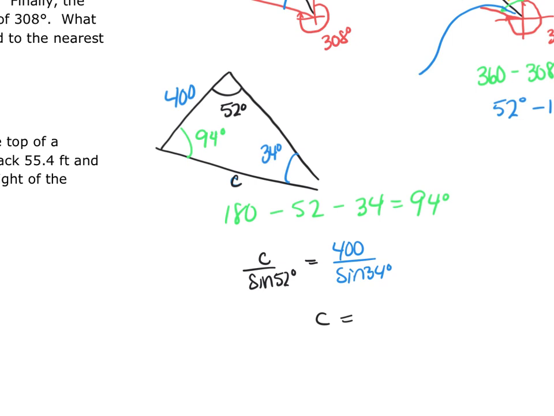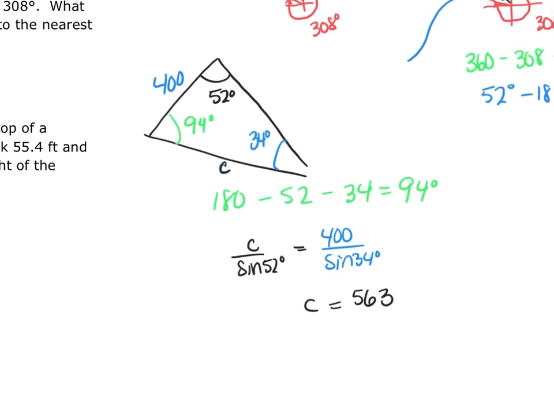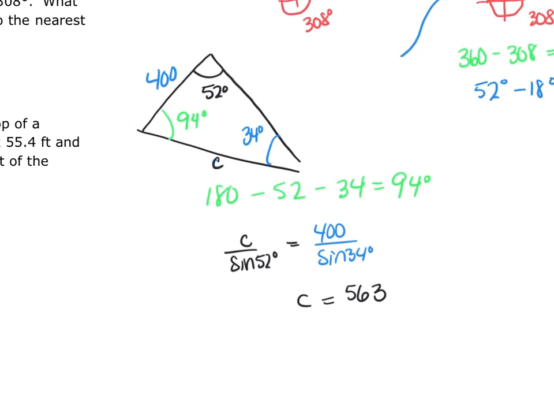So 400 times the sine of 52 degrees divided by the sine of 34 degrees. And so the final leg of the journey was 563. And how close do we want to go, the nearest foot? 564 to the nearest foot.